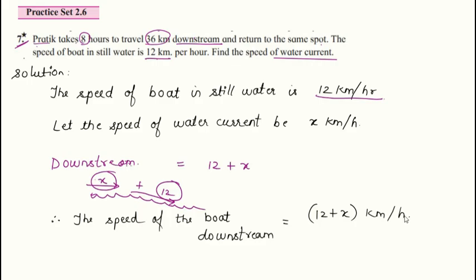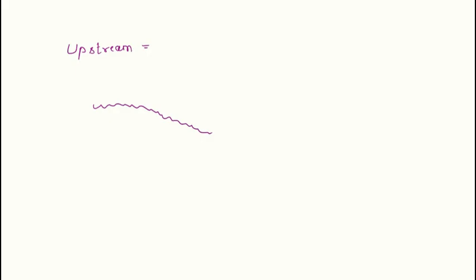In the same way, we also need to find the speed of boat in upstream. How will we find that? For upstream, the water current is still flowing in the same direction, but Pratik is coming upwards.